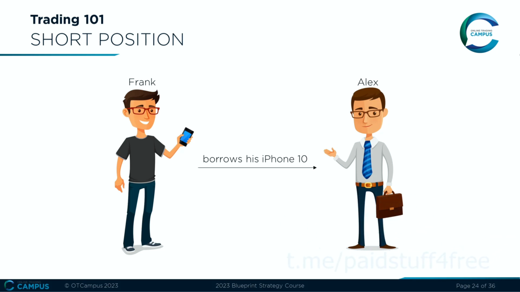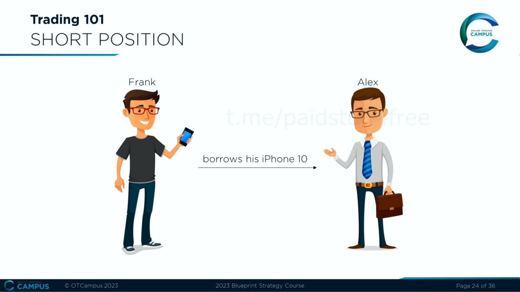The concept of shorting works the following way. If you decide to short a stock, you're planning to sell something you do not own. Now, the broker will allow you to do that. The broker will allow you to borrow that stock for a specific price and then return it back later. You can then return it back later, either with a loss if price were to go up, or with a profit if price was to go down.